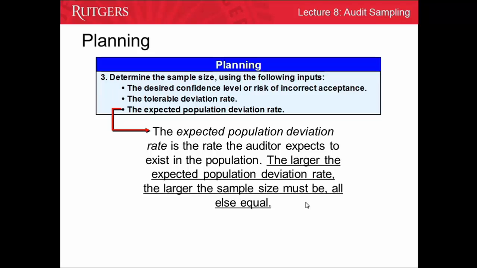Some level of deviation is commonly expected because the controls that auditors typically use sampling to test will be dependent on some human involvement, and humans are not perfect. The auditor can develop this expectation based on prior year's result or on a pilot sample.